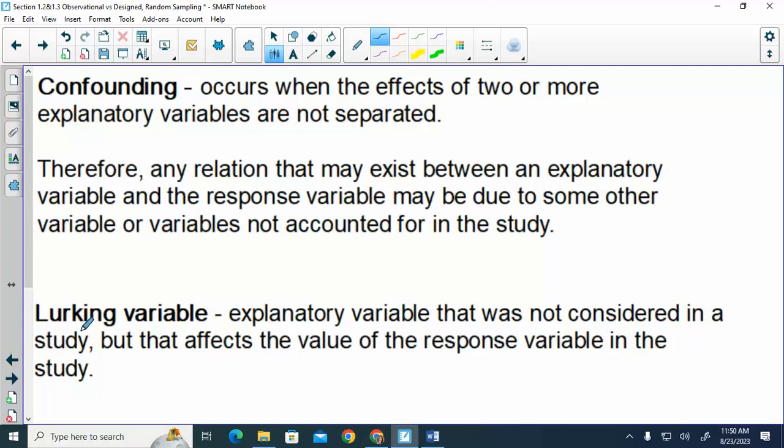I didn't try to make sure they were similar aged people in both groups or similar health practices. I didn't separate that from any other variables. Those variables that maybe had an impact but we didn't consider are called lurking variables. We didn't necessarily think about them, but they could affect the response.